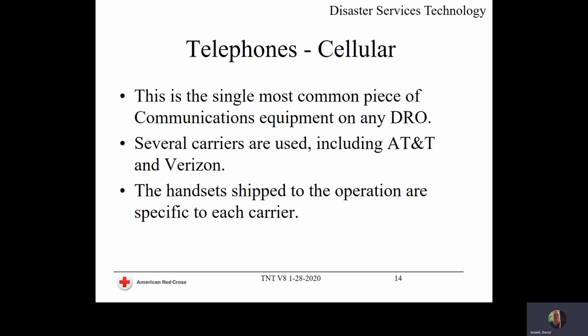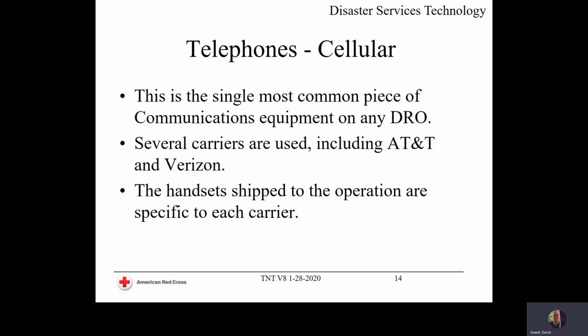I will mention that if you're in a particularly isolated area, like a rural area, sometimes you may get cell phones from a carrier that we don't stock at the Logistics Fulfillment Center.